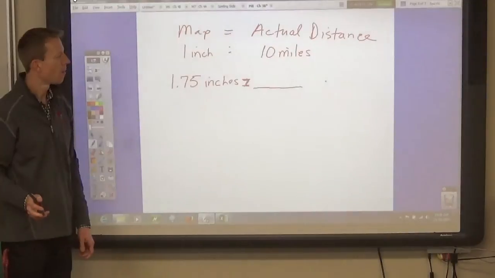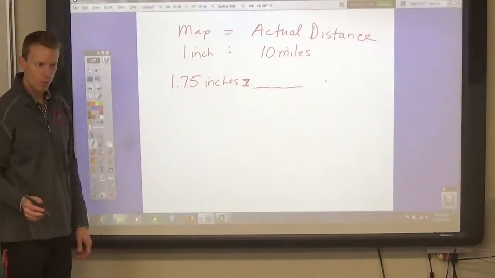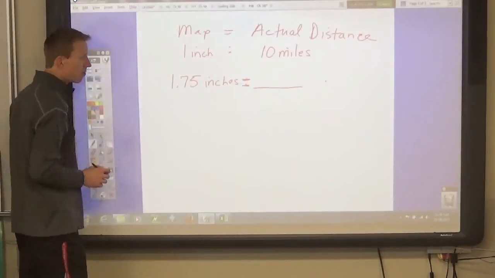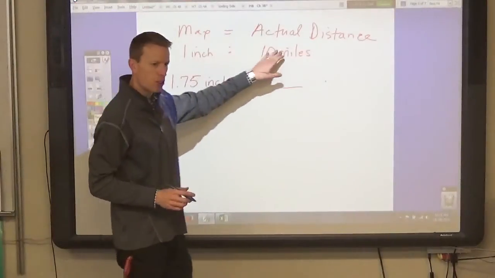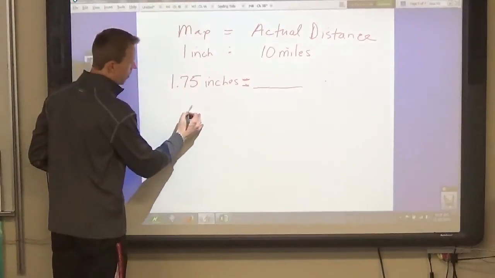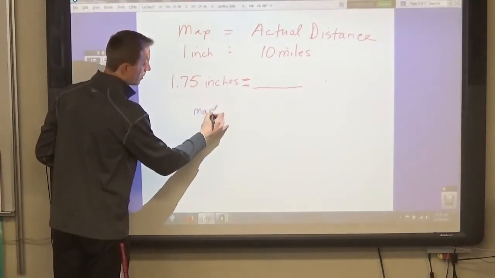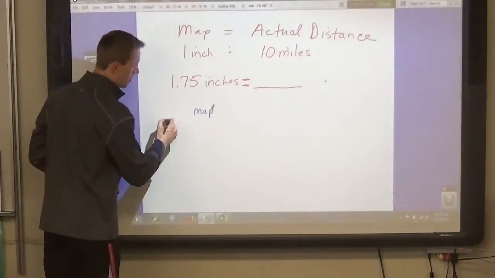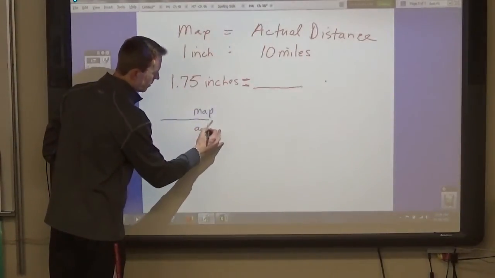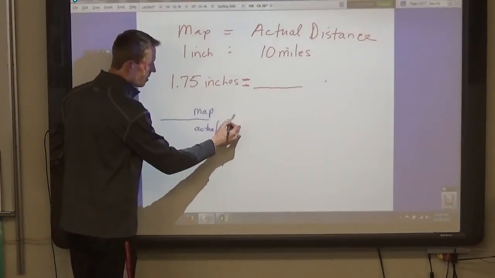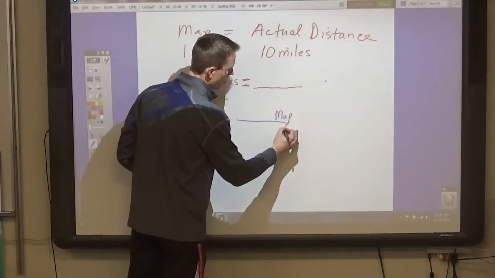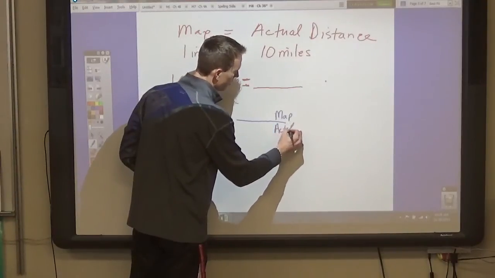Don't we just do the same thing as we did before? Well, it's a different situation. But if you set it up this way, the map distance over the actual distance is equal to the map distance over the actual distance.